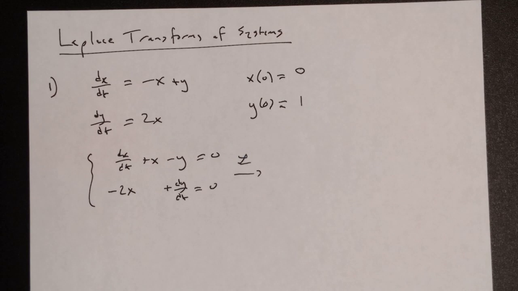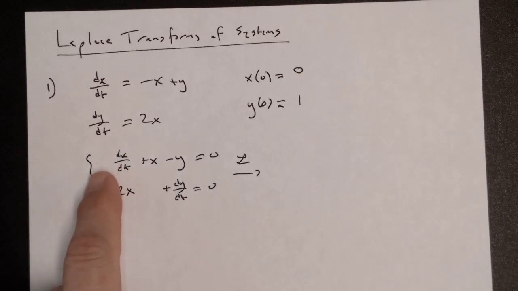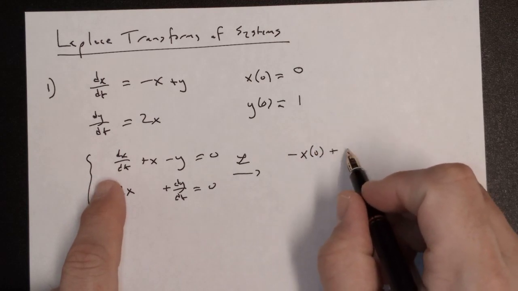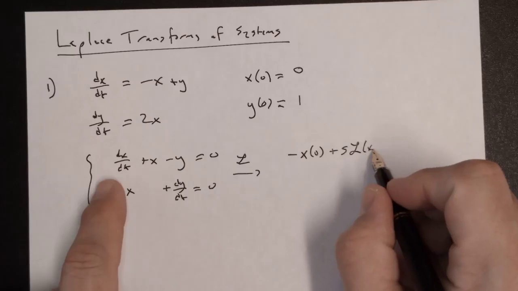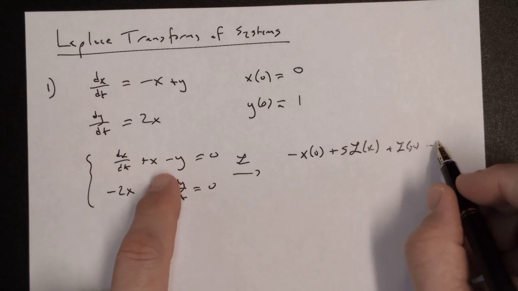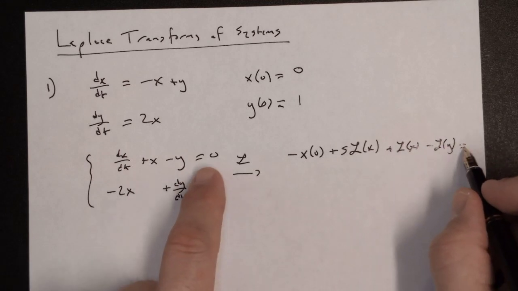So, back to our Laplace transform sheet. What is the Laplace transform of a derivative? Because I got a derivative right there. Well, in this case, x of 0, but yes. Exactly. Then I get another Laplace of x minus a Laplace of y, and the transform of 0 is 0.